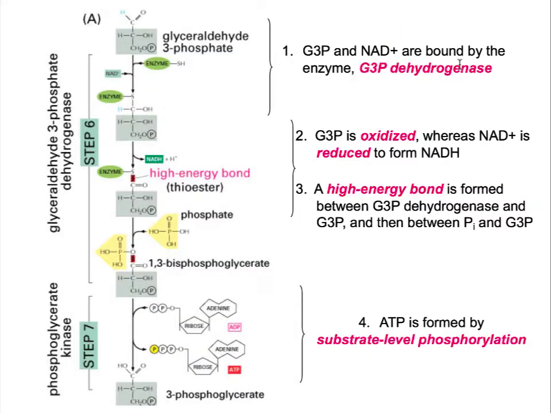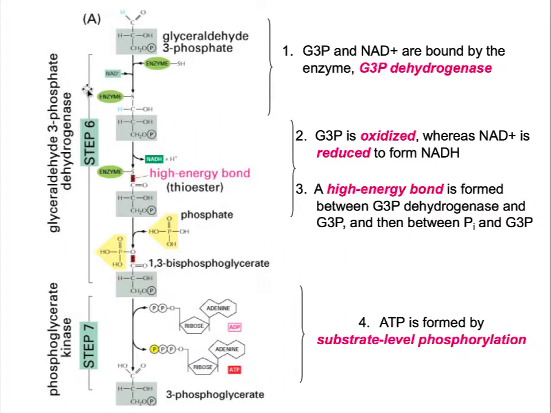So combining the knowledge from step 6, which was mentioned earlier, and the last slide, which is step 7, we find that these 2 steps are very important when it comes to moving energy around. So remember, energy is stored in the bonds and also in the electrons within the glucose molecule.